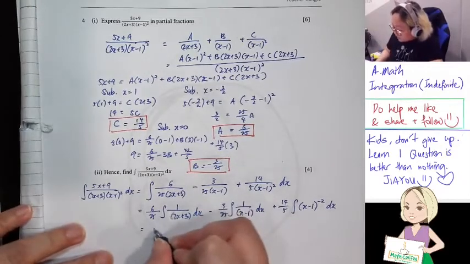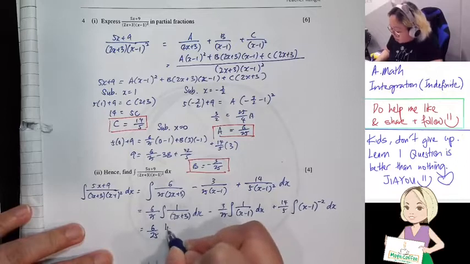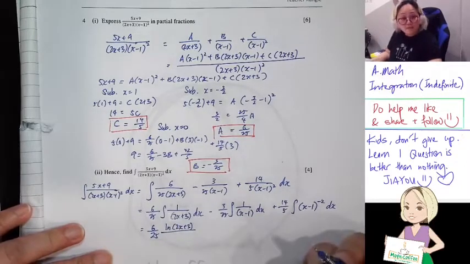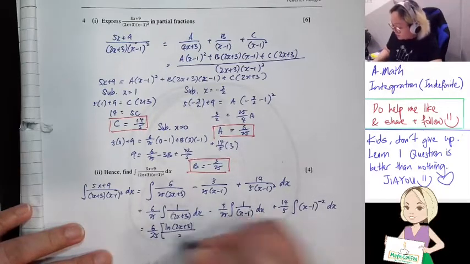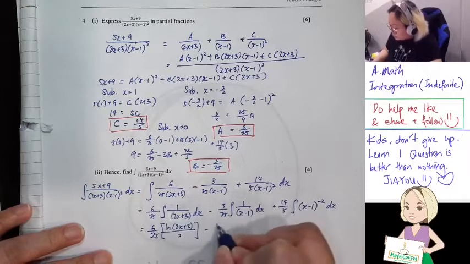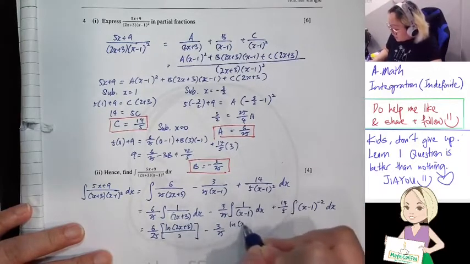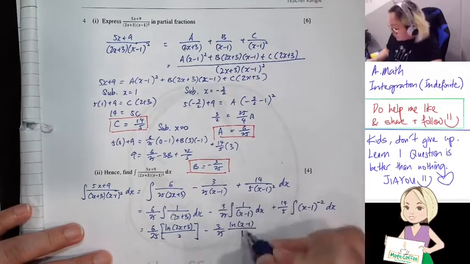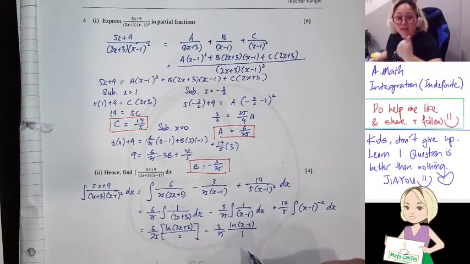So this will be, you will write it as ln of 2x plus 3 over, differentiate the inside, which is 2, put it at the denominator, understand? Okay, 3 over 25, this one will be ln of x minus 1 over, differentiate the inside, which is 1. Although it's a 1, just put it there to show the teacher that I know that I need to differentiate the inside, put it at the denominator.